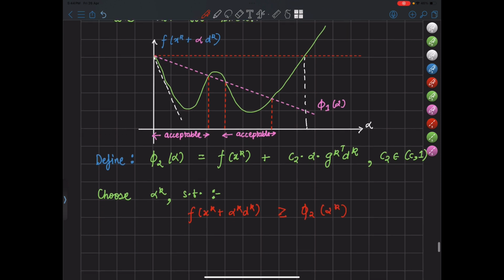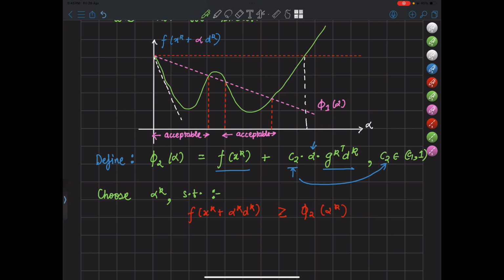So this is Goldstein condition, and you can see that the structure is almost the same. It is a linear function of alpha. It's some other constant c2, which is just the range is different. So it's now from c1 to 1 rather than from 0 to 1, and it is positive, where c1 is the constant used in Armijo condition.